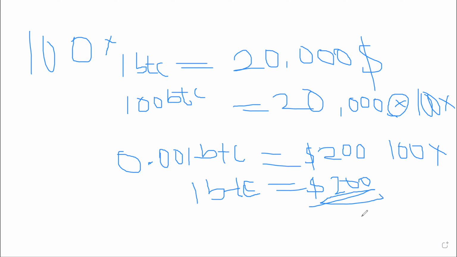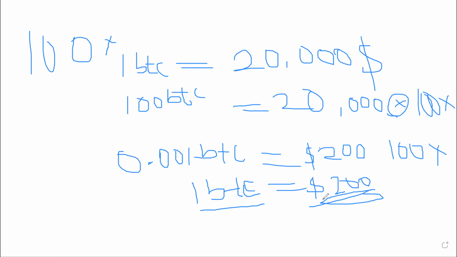Your margin is not going to increase. Your margin is still $200. So this simply means that if you're using 100x, you'll be needing a minimum of $200 in your wallet to keep this 1 BTC. Instead of opening 1 Bitcoin with $20,000, you can open 1 Bitcoin with just $200.